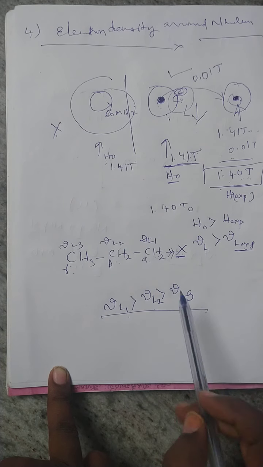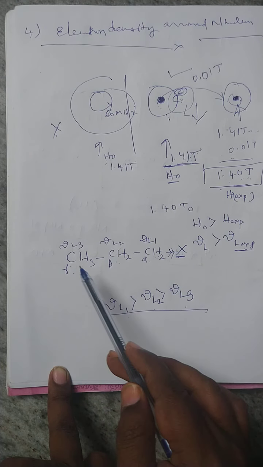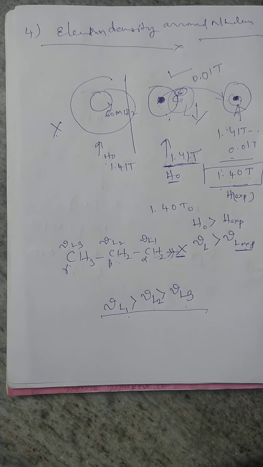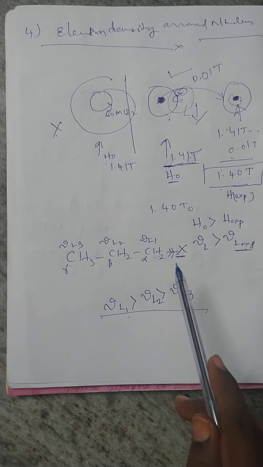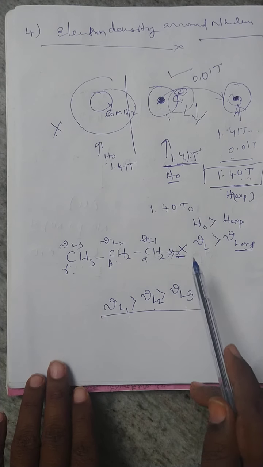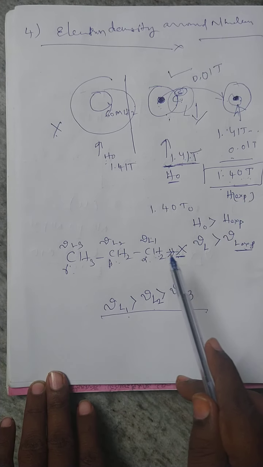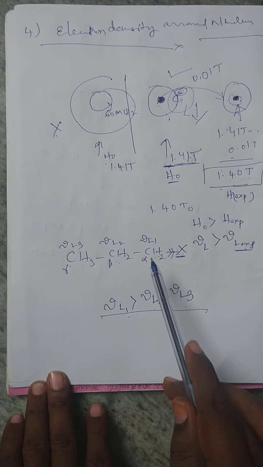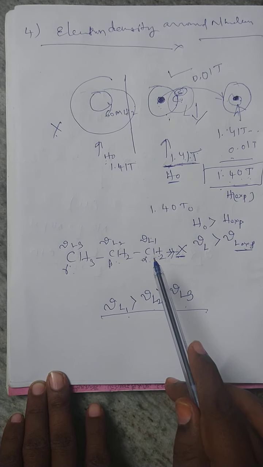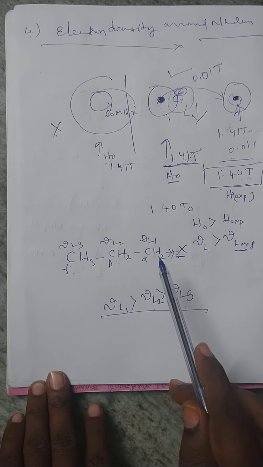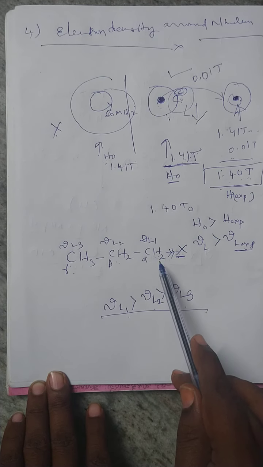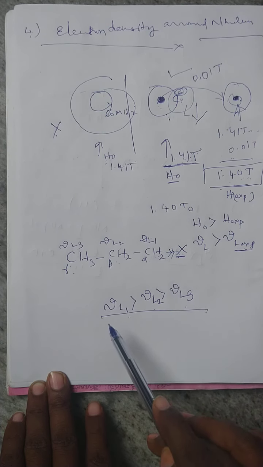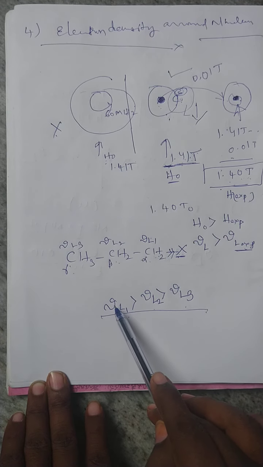So in this molecule, a propyl halide or a propane derivative, this X is a highly electronegative atom, which pulls the electron density from the carbon skeleton, right? So the first carbon, the alpha carbon, will have electrons pulled away from its protons. So these protons on the alpha carbon will experience more external magnetic field, and they precess with a higher Larmor frequency.